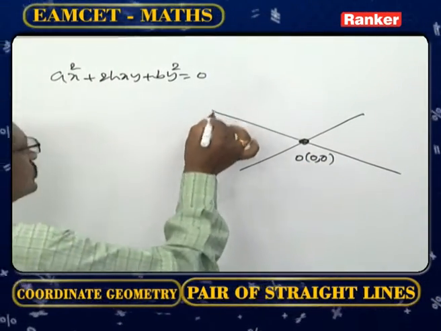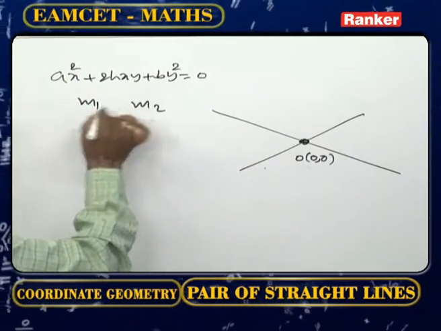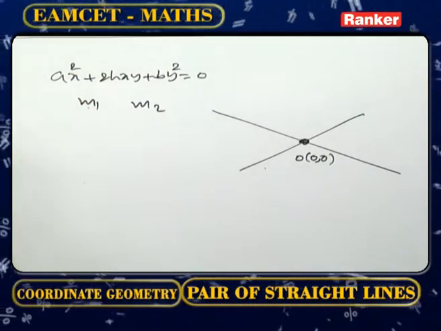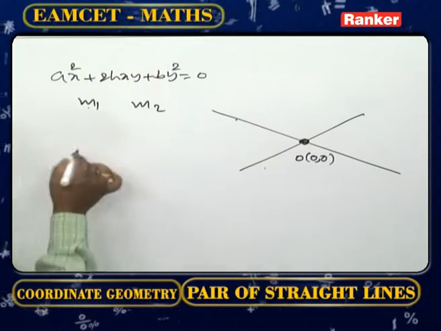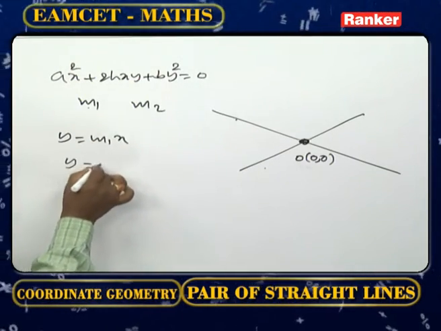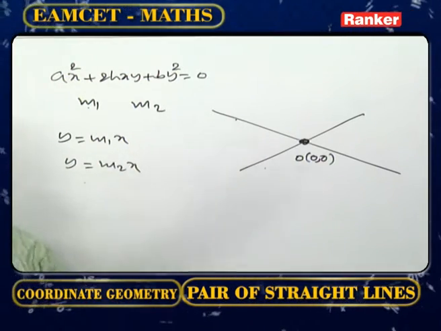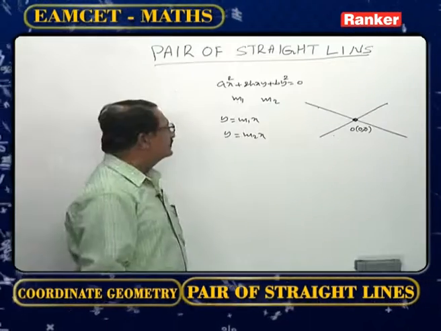Suppose one line has slope m1 and the second line has slope m2, so m1 and m2 are the slopes of these lines. One straight line equation is y equals m1x and the second line is y equals m2x. These are the equations of the lines.